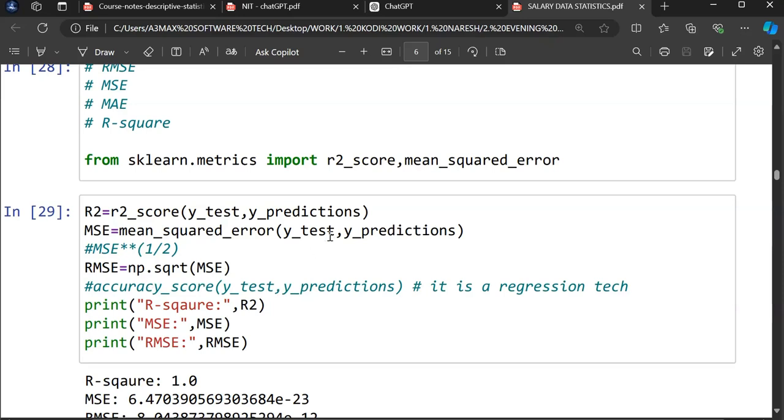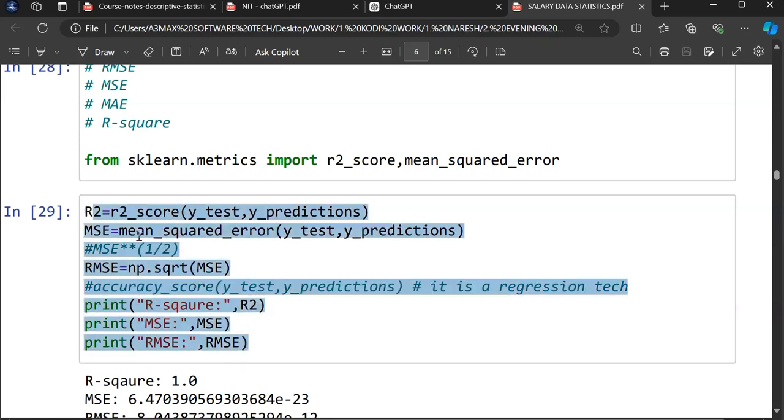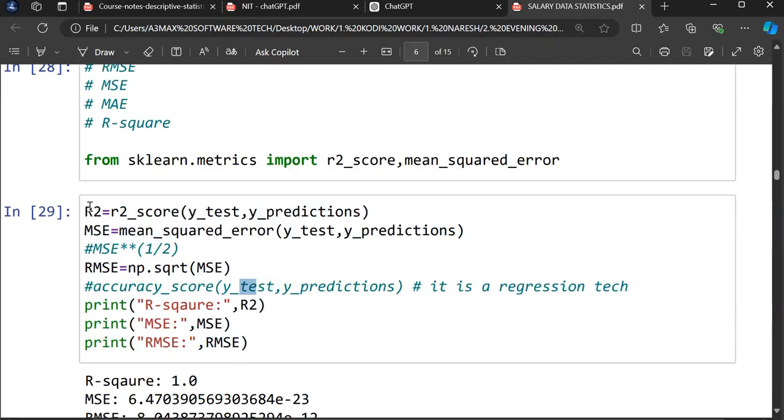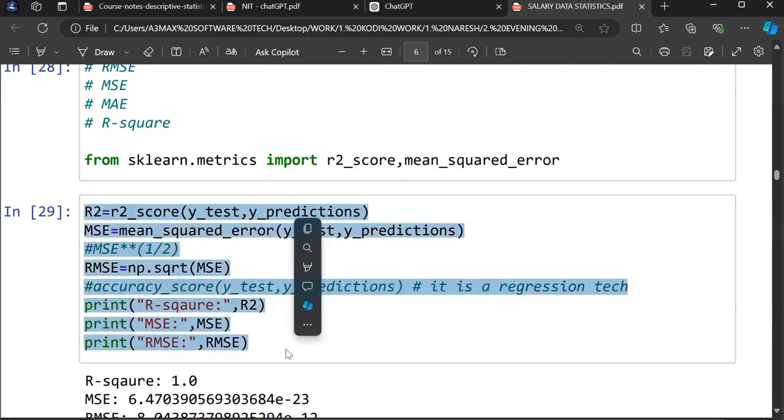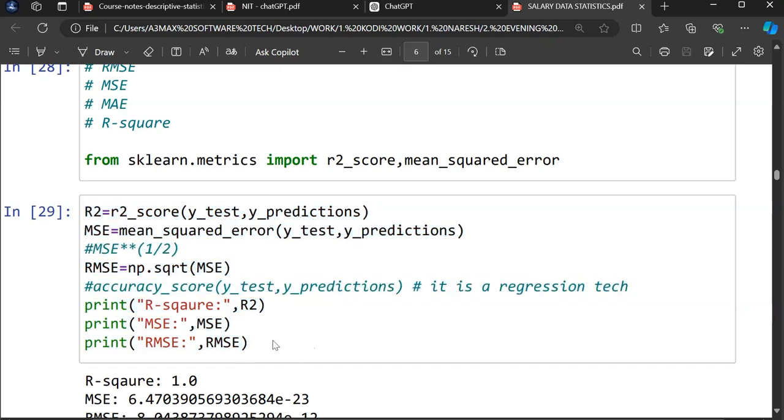Mean squared error also uses y_test and y_pred. RMSE. Just go here and can you check what is the R square range? MSE. You get this one. Let me know. Accuracy score not required because it is regression. Online team, are you working with me, guys?